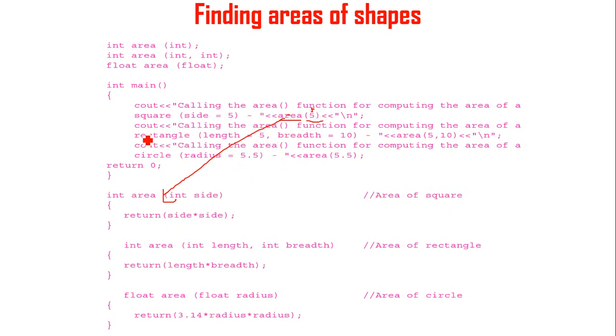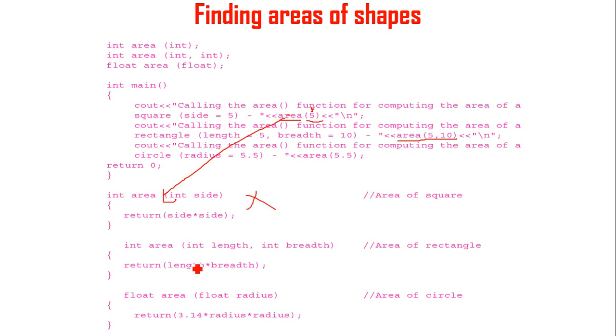Similarly, you can see the rectangle area. When computing the area of the rectangle, two arguments are passed, and both arguments are integer. It will try to find a match. The first one has only one argument, so it will not be used.